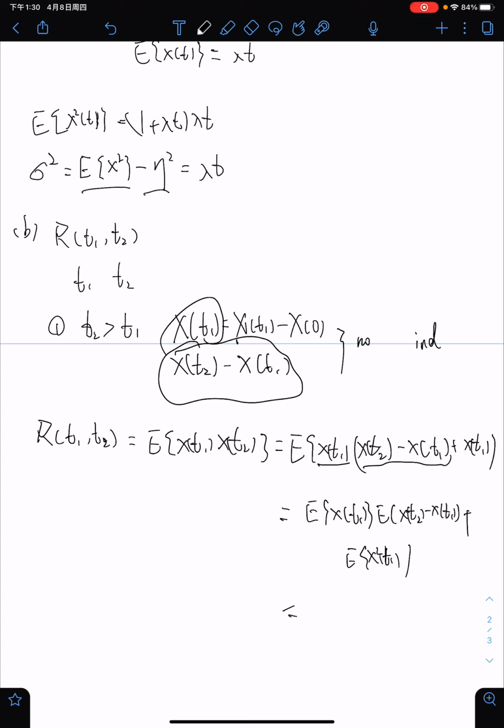From above we know the value of the two parts. So we just bring the values into this formula.